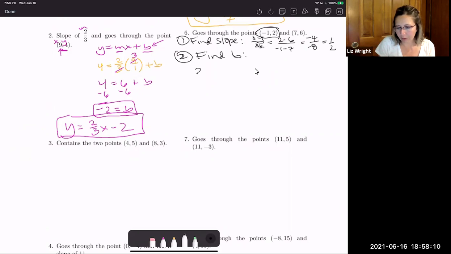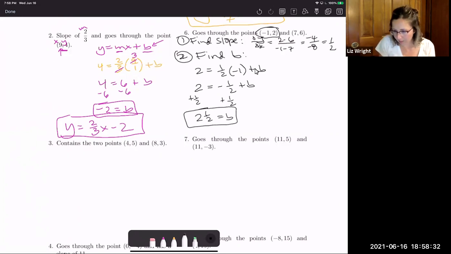So I'm going to do 2 equals my slope of 1/2 times my x of -1 plus b. So I've got 2 equals -1/2 plus b. Now I want to add the 1/2 to both sides. And I'm going to get 2 and 1/2 equals b. So then my final answer is going to be y equals +1/2 x plus 2 and 1/2.